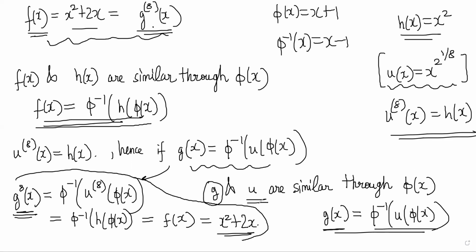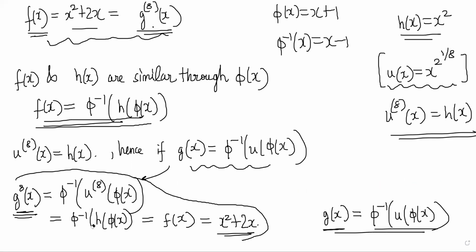So u of phi of x would be phi of x to the power 2 power 1 by 8, and you have to do a phi inverse outside. Now phi of x is what? Phi of x is x plus 1, right? So it is x plus 1 to the power 2 power 1 by 8, and phi inverse x is this minus 1. So that should be my g of x. Okay?